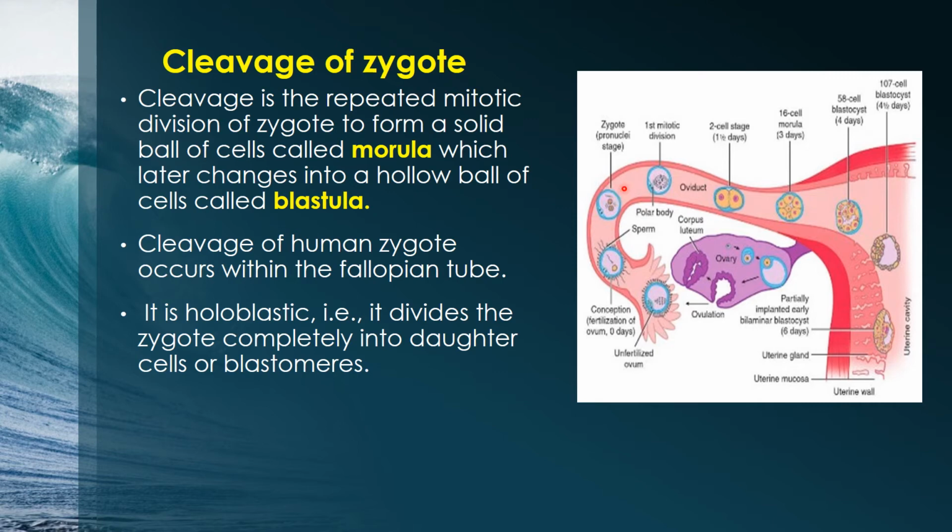So it forms first a 2-cell stage, the 4-cell stage, the 8-cell stage, and then a ball of cells, which is called the morula, and then a fluid-filled cavity, which is called the blastula. The cleavage of the human zygote occurs in the uterine tube or the fallopian tube, and it is holoblastic, that is, it divides the zygote completely into daughter cells or blastomeres.